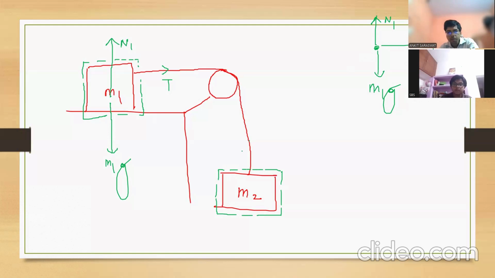Upwards. Very good. So its free body diagram will have gravity like this. There is no normal, as it is not in contact. M2G. In a free body diagram, we always include all the forces with their direction and magnitude.